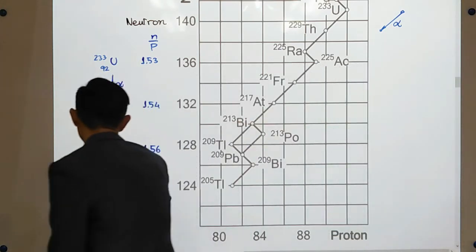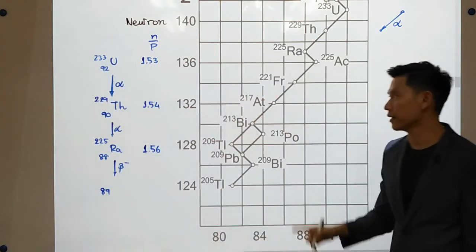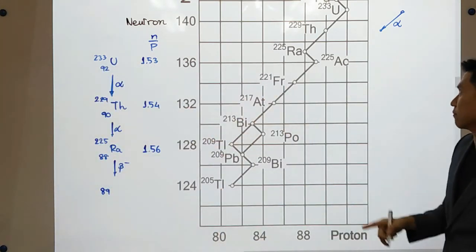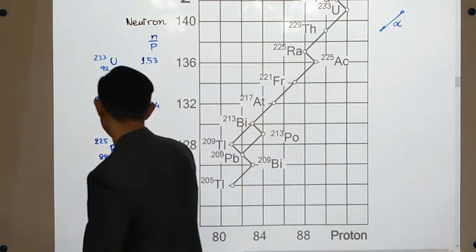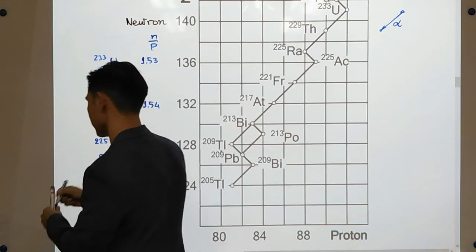That means the number of protons is increasing from 88 to 89, and the element changed its name from radium to actinium. But the mass is the same.